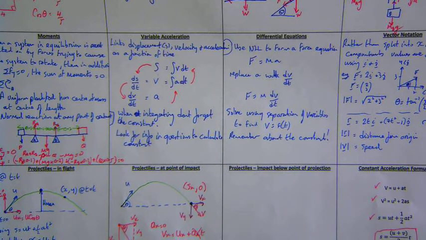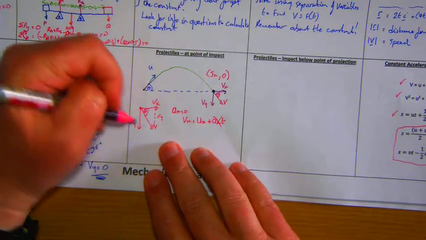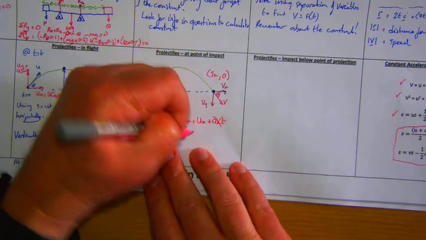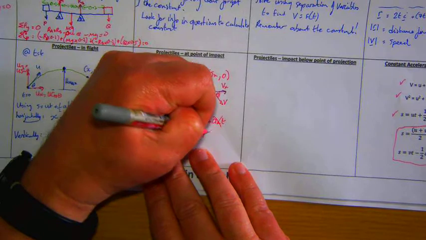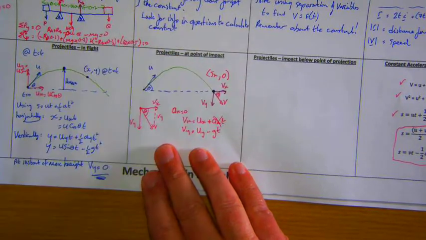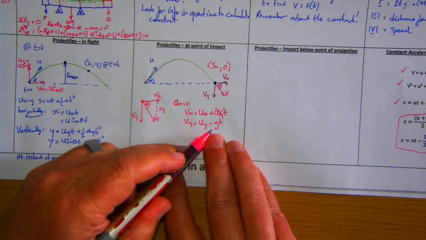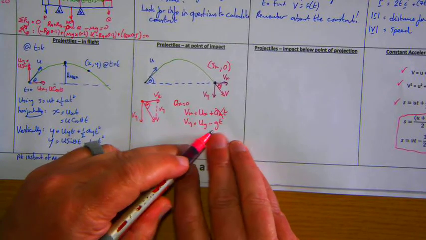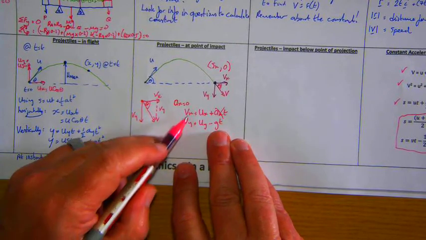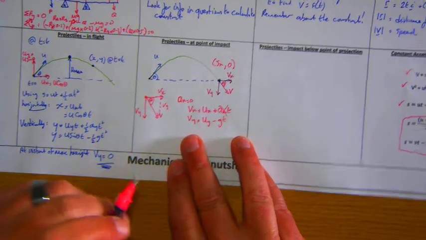The Vy we know is going to be Uy minus gt. So I know Uy is u sine theta, so I can work out the time of flight. That means I know what Vx is, I can work out what Vy is.